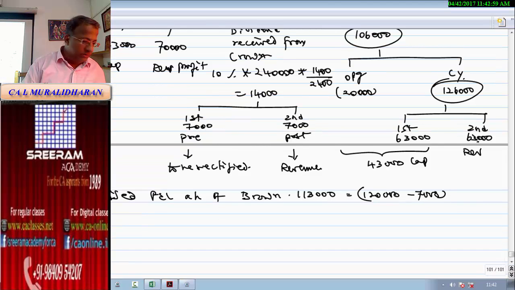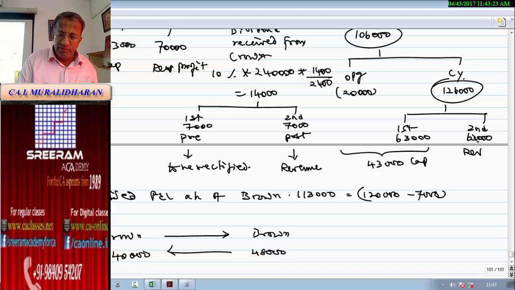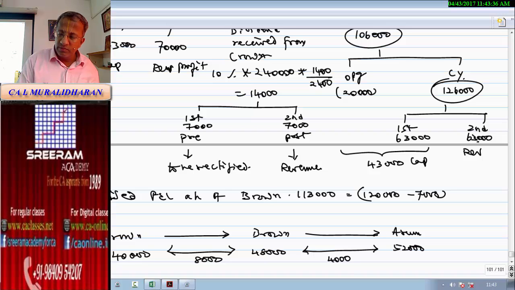Now, the equipment that they are talking about. Unrealized profit. From Crown, transfer took place to Brown. That resulted in the difference between the two, 8,000, from Brown to Arun. 52,000. So 4,000.